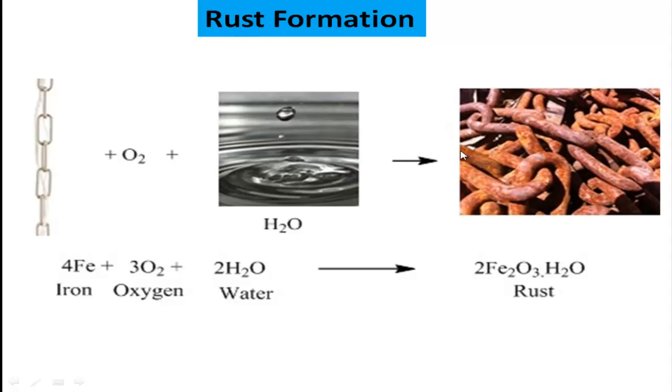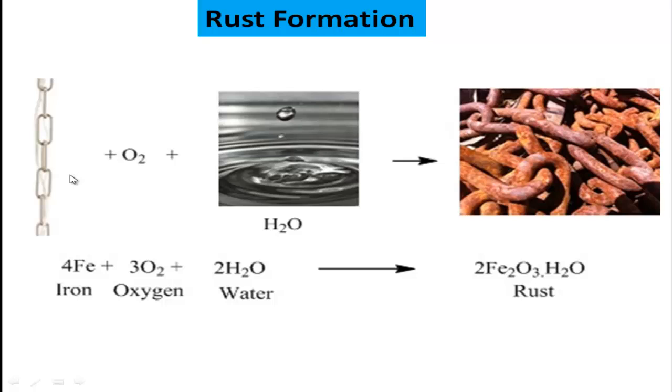So this rust formation is an example of chemical change, because after forming rust the activity, chemical properties or reactivity of iron will be totally changed. The iron loses its reactivity and also its strength. That means its properties are changed after rust formation on iron. So this rust formation is actually a chemical change.